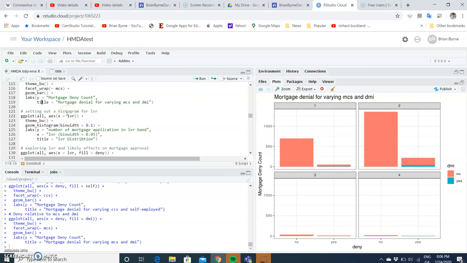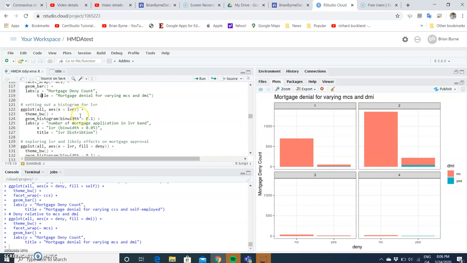Banks tend to take a potential view, and higher loan to value ratios tend to create a higher degree of risk for banks, because the borrower has less skin in the game.